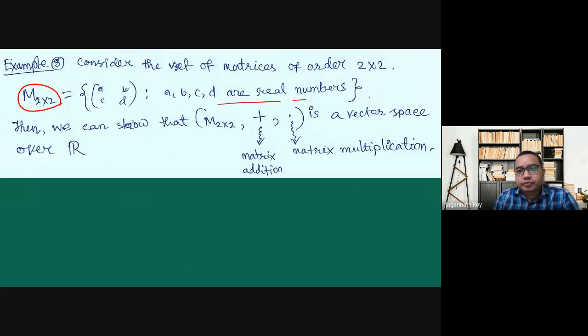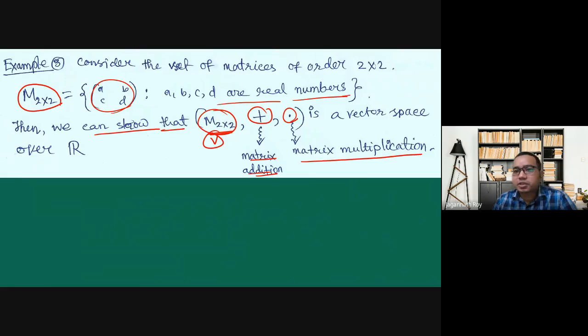Here the vectors are 2 by 2 matrices, the addition is matrix addition, and the multiplication is scalar multiplication. We can conclude that this is a vector space.